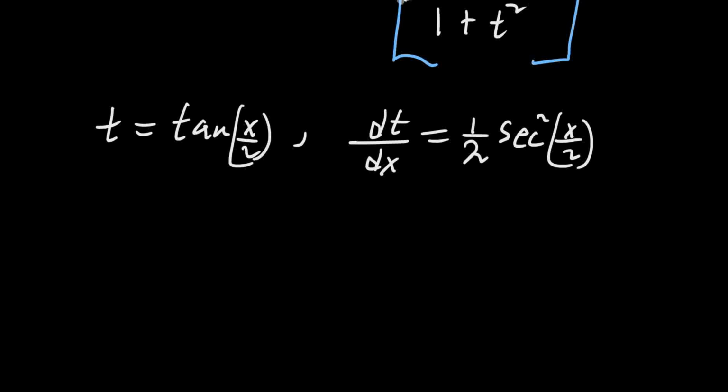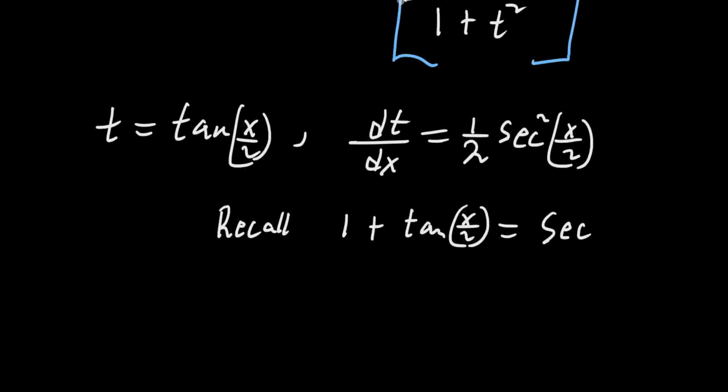Now recall that 1 plus tan squared x over 2 is equal to sec squared x over 2.